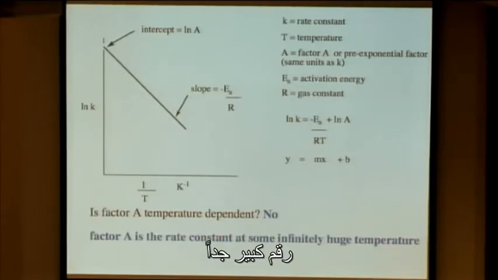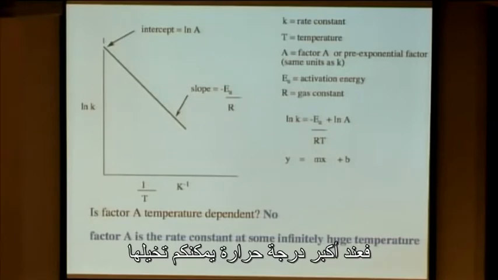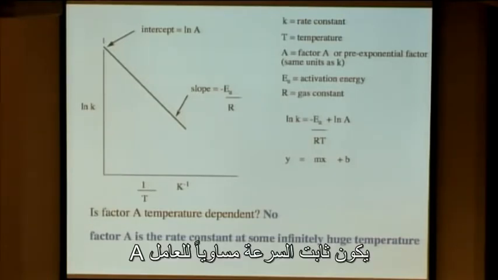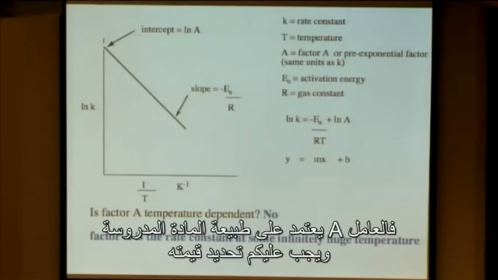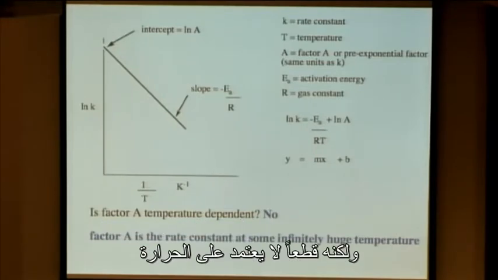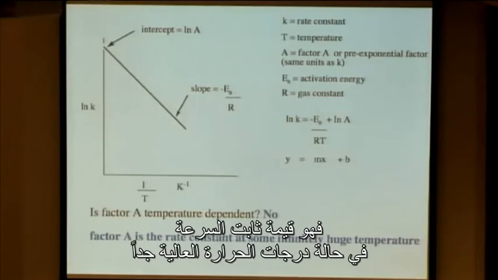Very big. So at the biggest, hugest temperature you can imagine, the rate constant is going to equal factor A. And so factor A depends on the nature of the material being studied, and you would have to determine what that value is. But it's definitely not temperature dependent. It's the value of the rate constant at an enormous temperature.